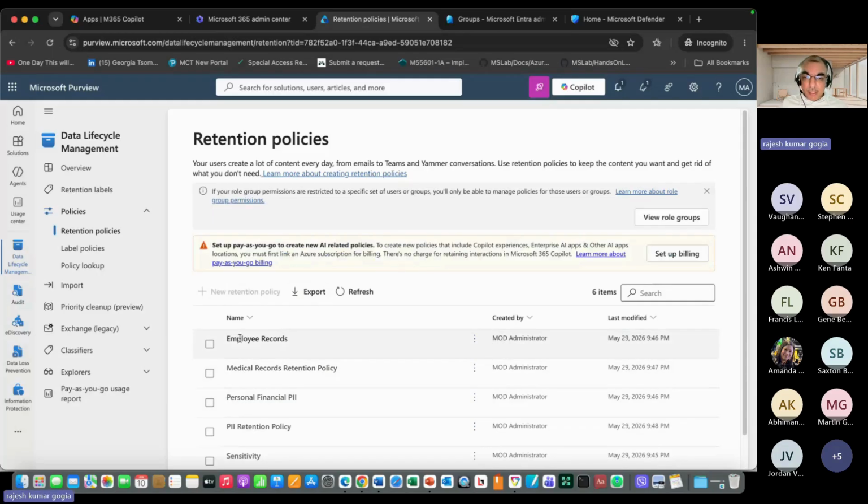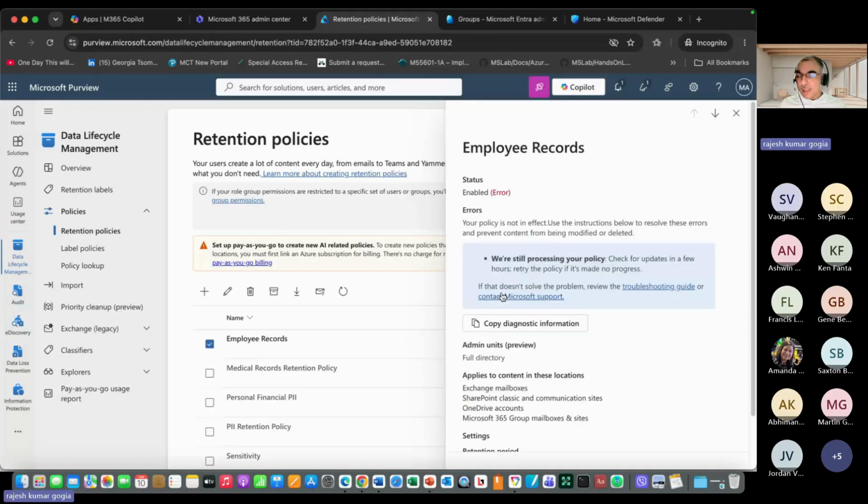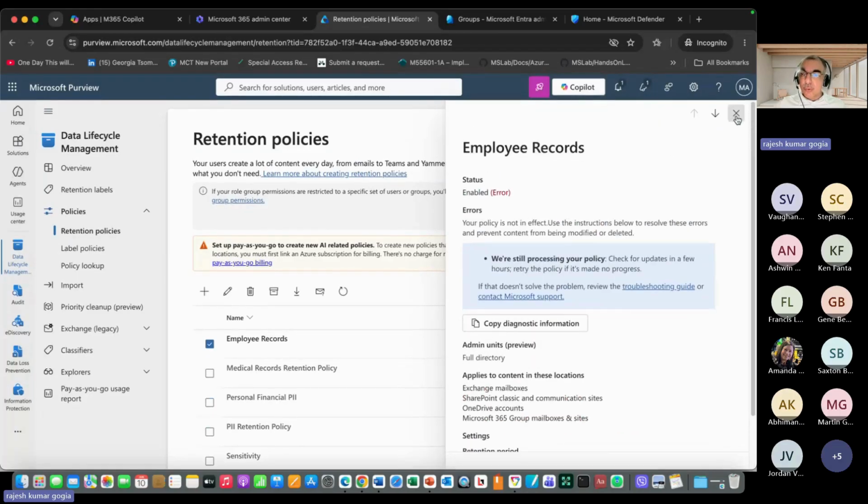So let's say, for example, there is a retention policy. Now we understand what the term retention says, isn't it? Again, there is no thumb rule. It's again based on the decision. Let's say they want to apply the labeling to all the mailboxes, to all the SharePoint, and you can enable it if you want to.